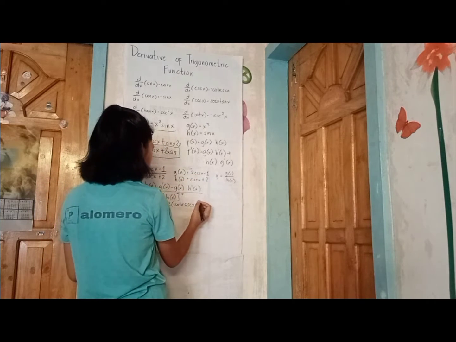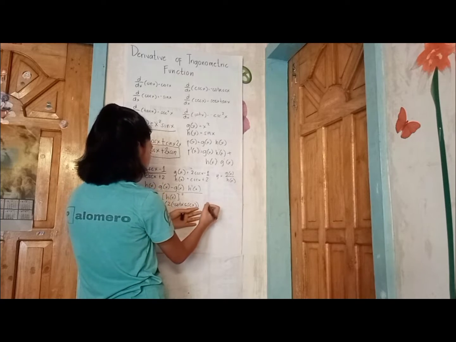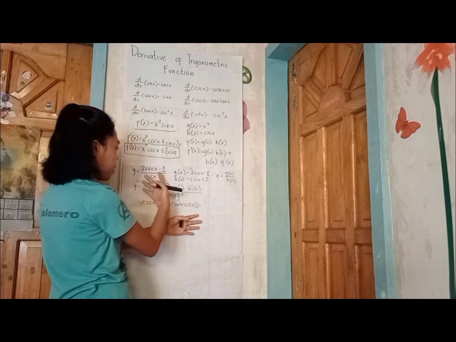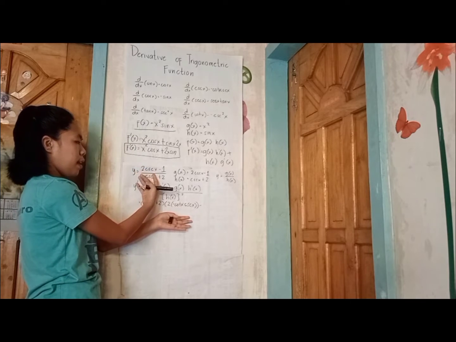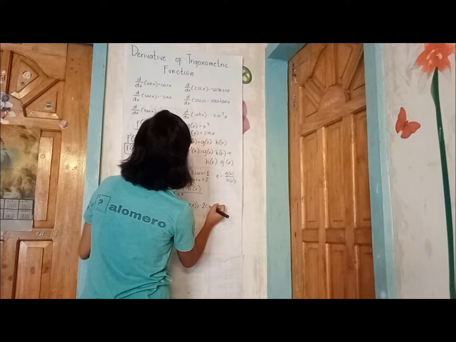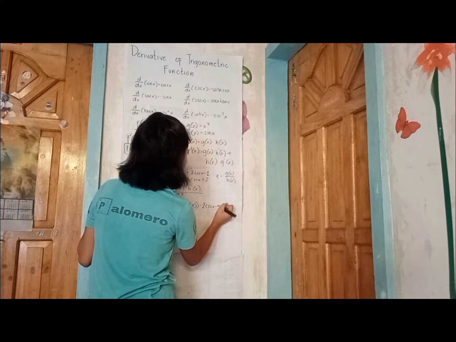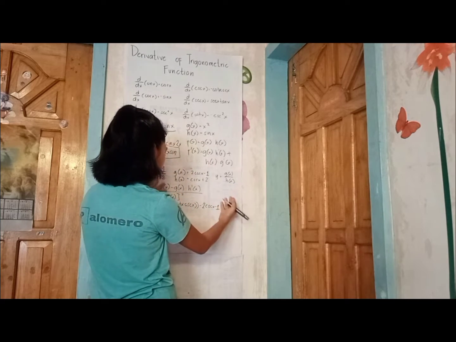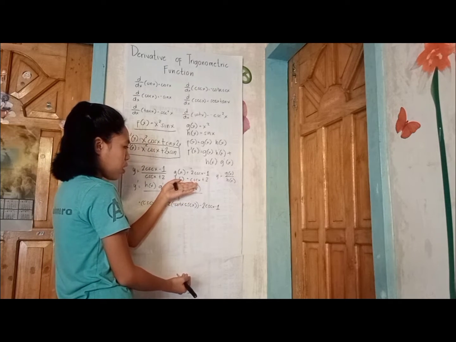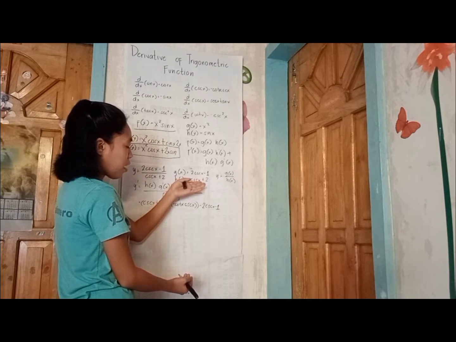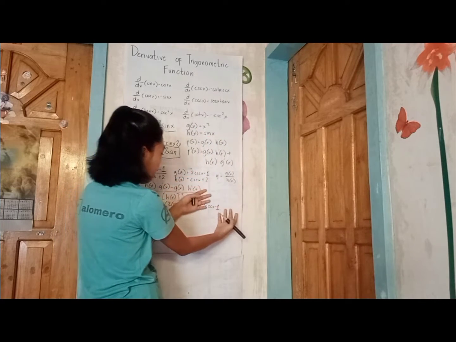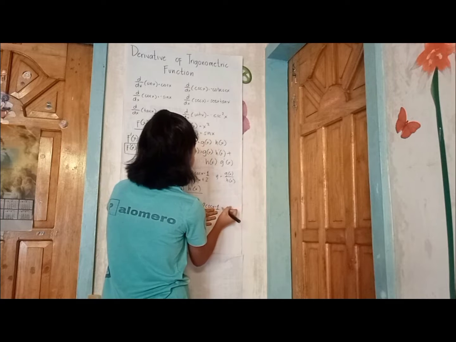Then the derivative of negative 1 is equal to 0. Minus g of x, which is our numerator, 2 cosecant x minus 1, multiplied to h prime of x, the derivative of cosecant x plus 2, which is negative cotangent x cosecant x plus 0.